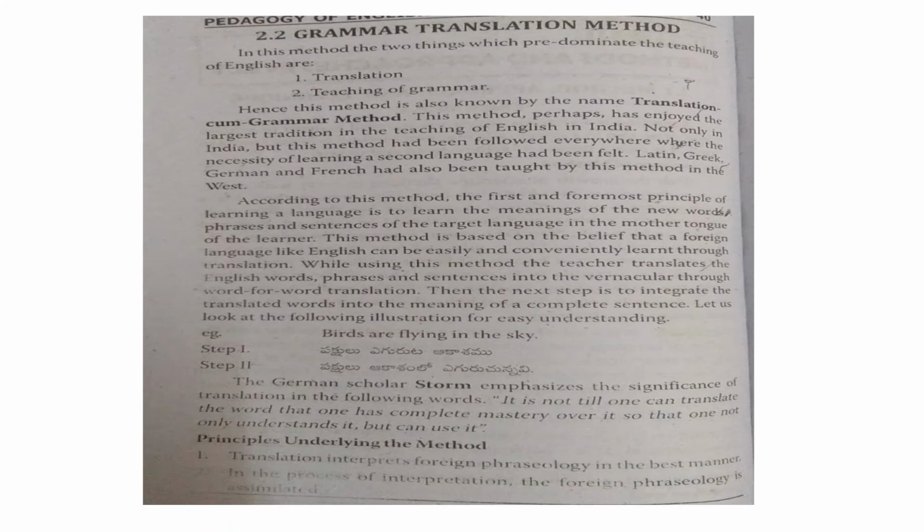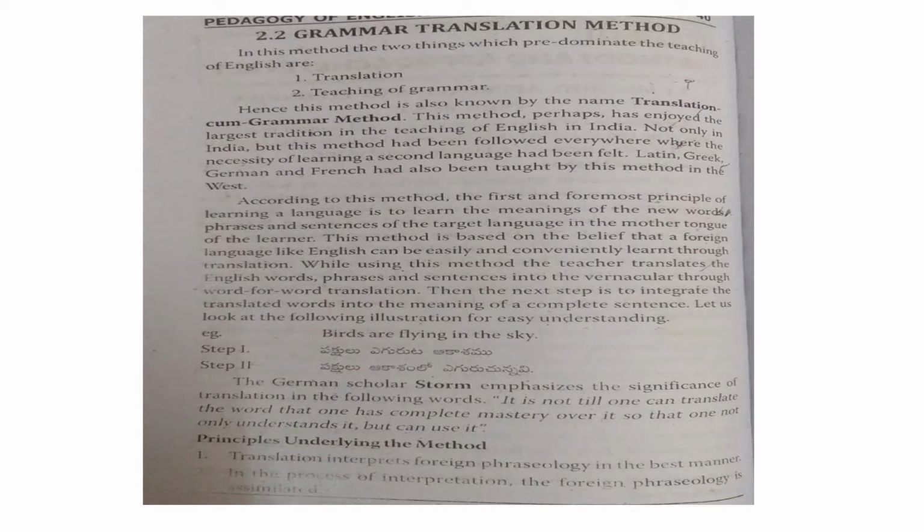Grammar translation method. In this method, the two things which predominate the teaching of English are translation and teaching of grammar. Hence, this method is also known by the name translation cum grammar method.